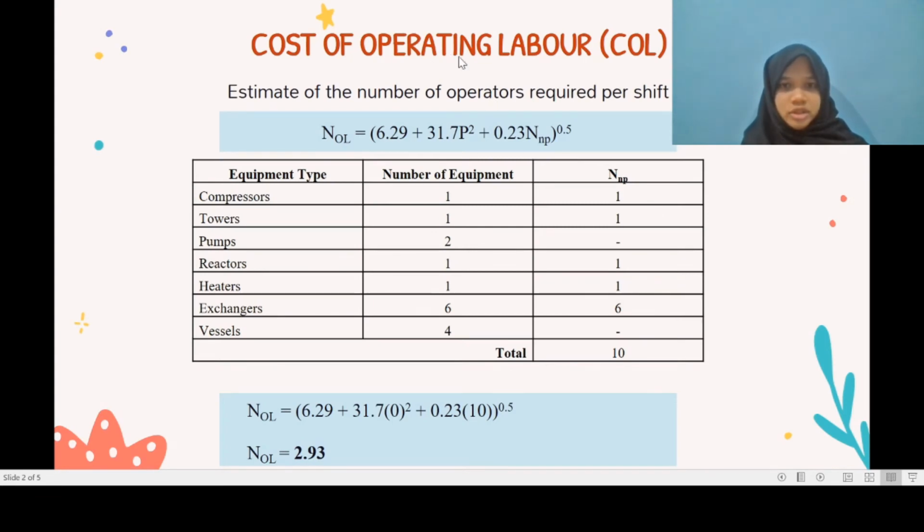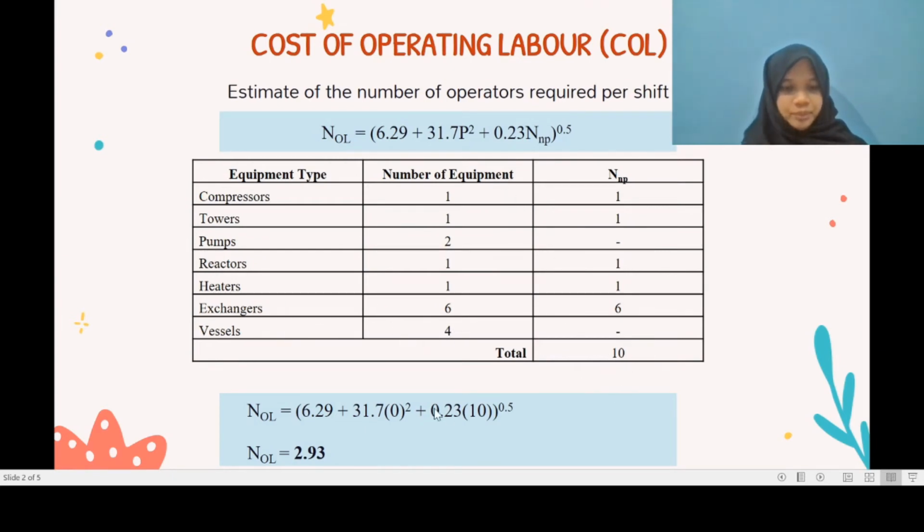To get the cost of operator labor, first we need to estimate the number of operators required per shift, which is NOL. P is the number of particulate processing steps, which we assume to be 0. And Nnp is the number of non-particulate processing steps, which we need to find. To get it, pumps and vessels are not counted in the Nnp evaluation.